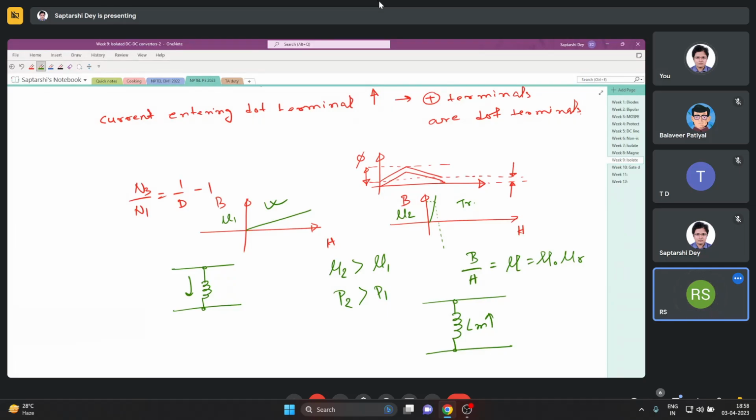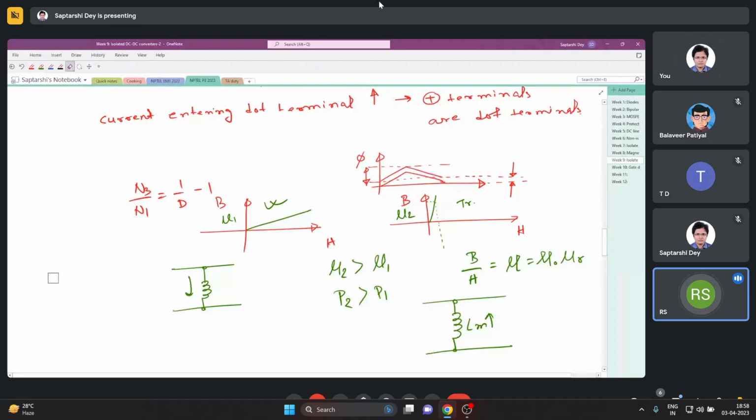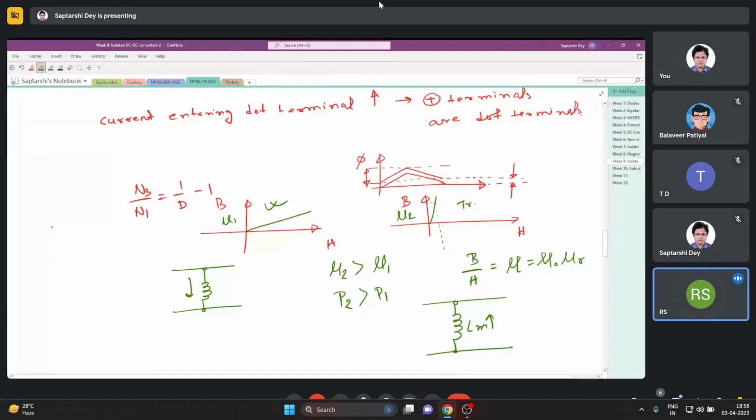Sir, one more doubt on that BH curve. When the core reaches saturation, in that range the inductance depends on the current, and the permeability drops much compared to the core permeability.